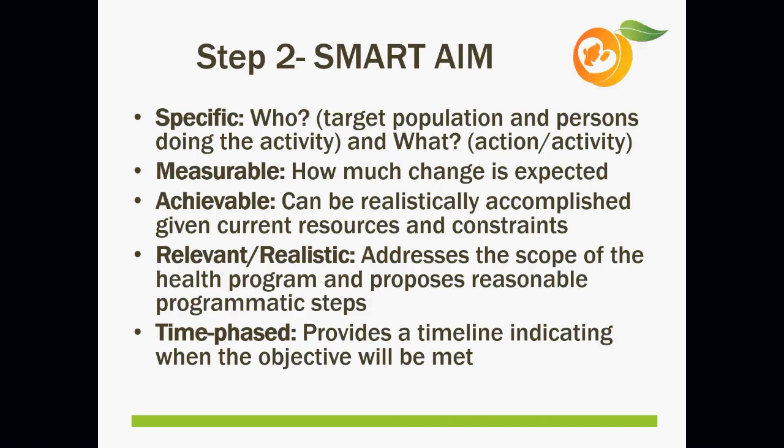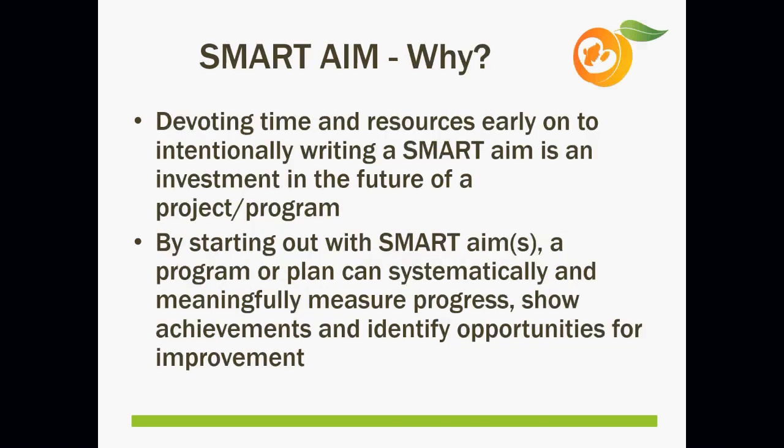So, objectives or the aims that do not directly relate to the program goal will not help towards achieving the same. And it has to be time-phased. So there has to be a time frame in your aim saying we're going to do so-and-so by so-and-so time. So this is what we mean by a SMART aim. Specific, measurable, achievable, relevant and realistic, and time-phased. Next slide.